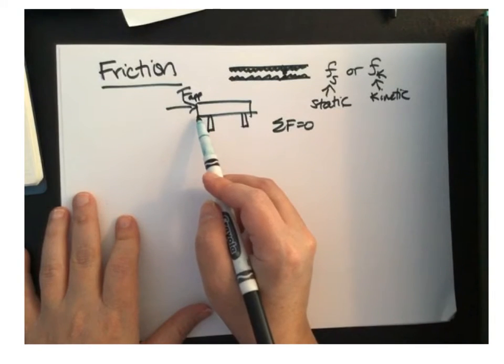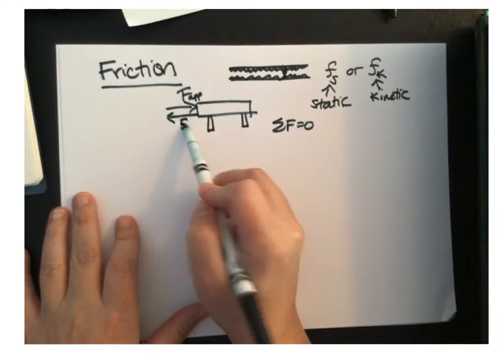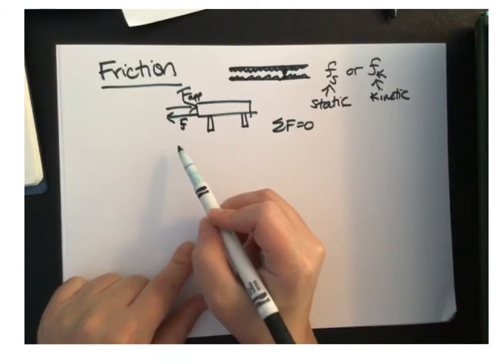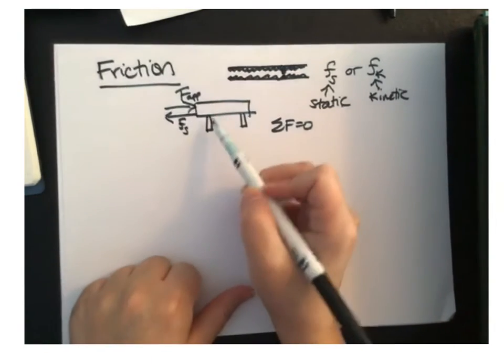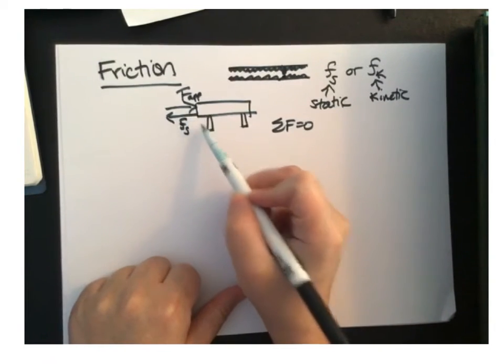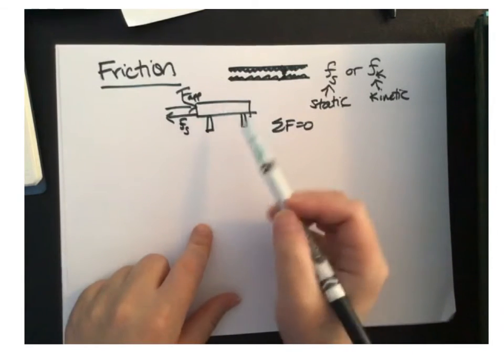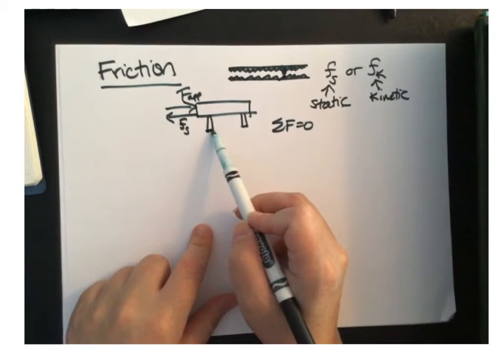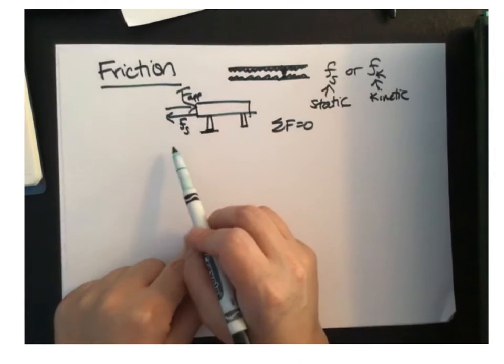So that force that's making it not move, if you will, is friction. And which kind is it? Static, because these two surfaces are not moving relative to each other.